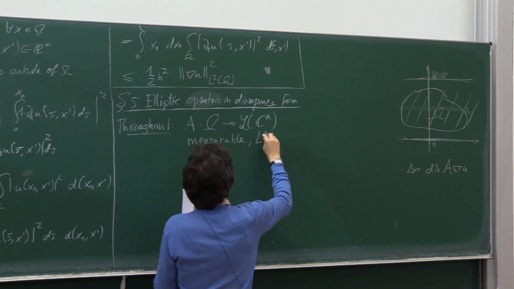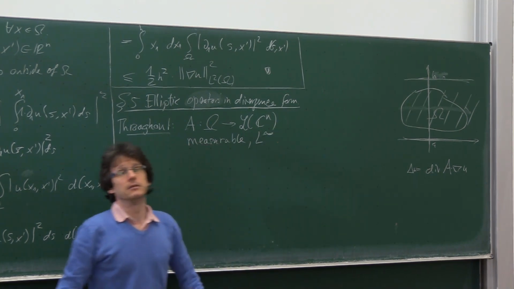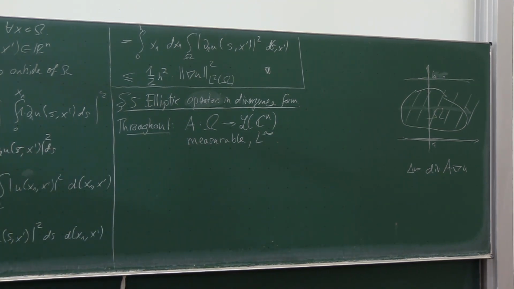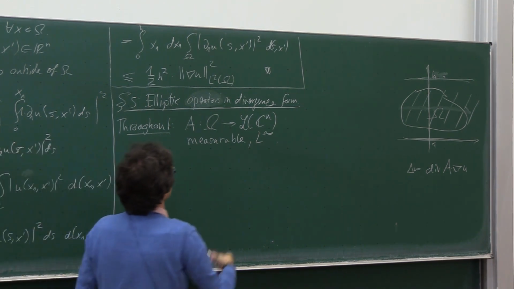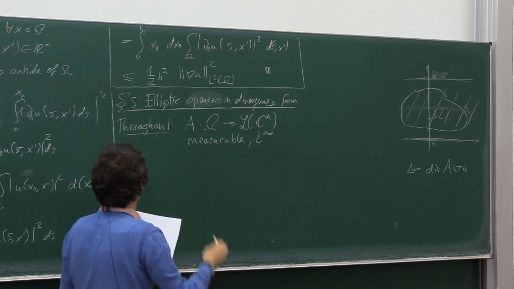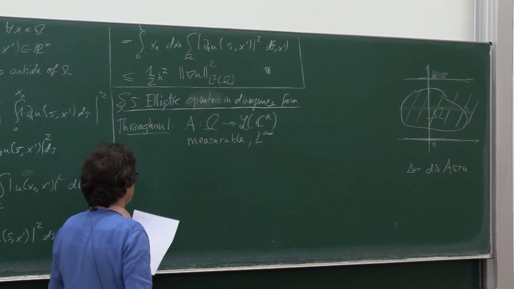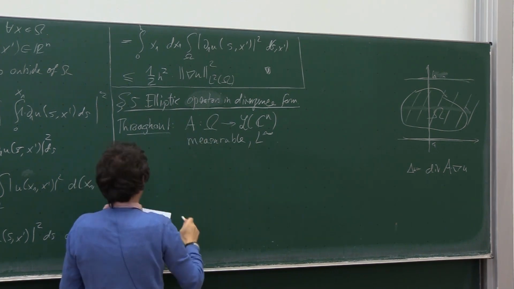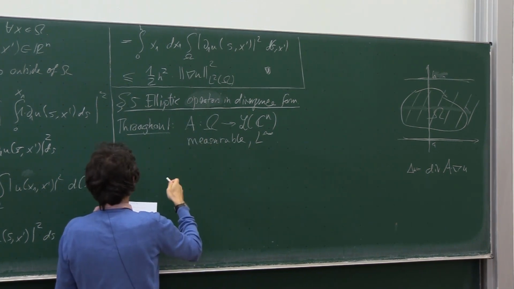And we will only here consider the case where it is bounded. So a bounded function from omega to the n by n matrices, measurable and bounded. Throughout this section, A will mean this matrix valued function.